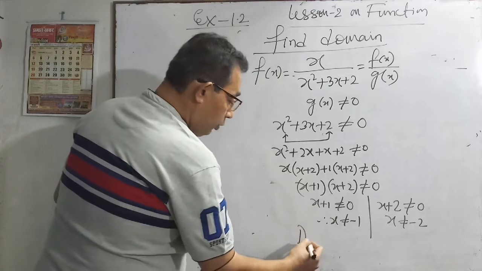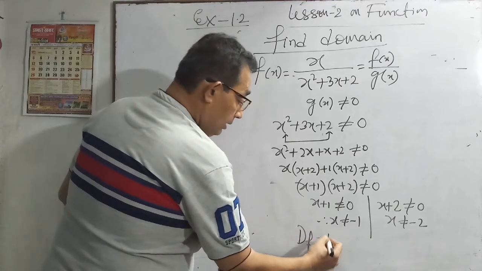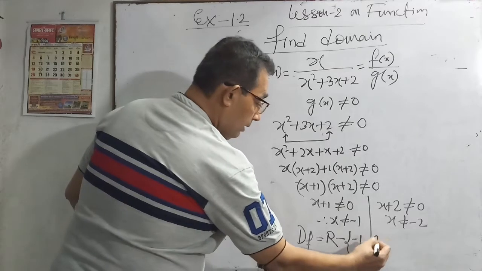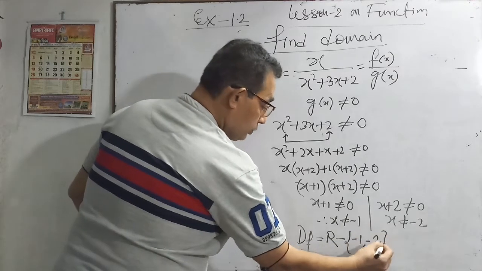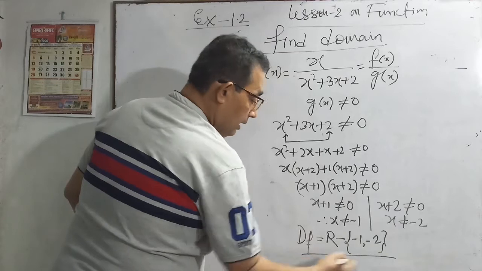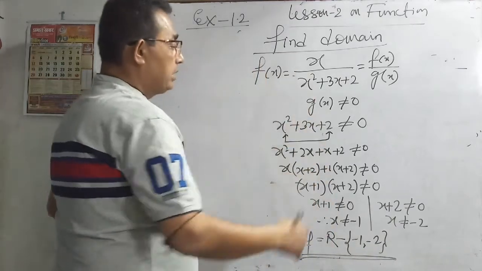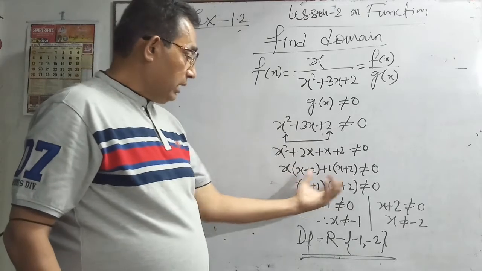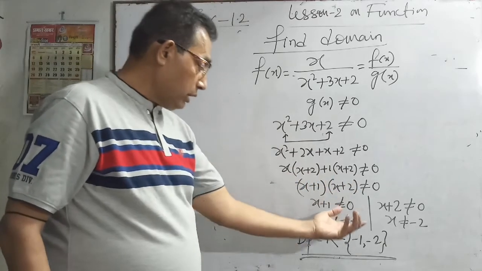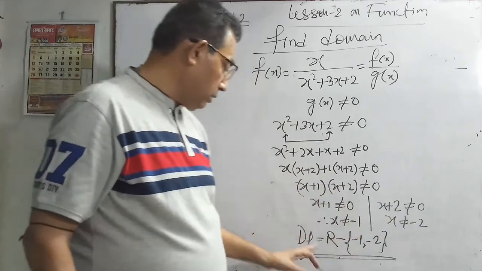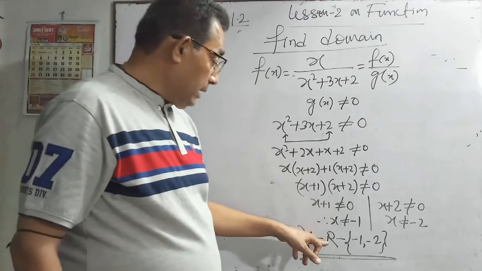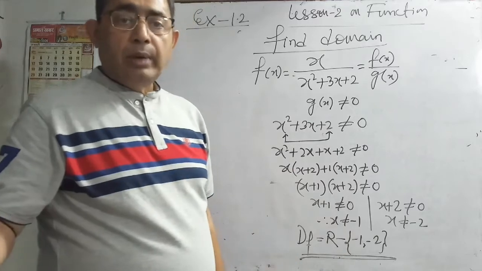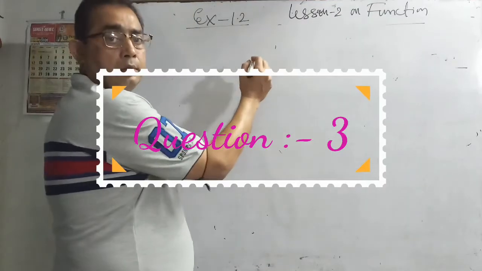That means the domain is real numbers minus {−1, −2}. It is the answer of this question. Simply make the factorization, you get (x + 1)(x + 2). The domain is real numbers minus {−1, −2}.